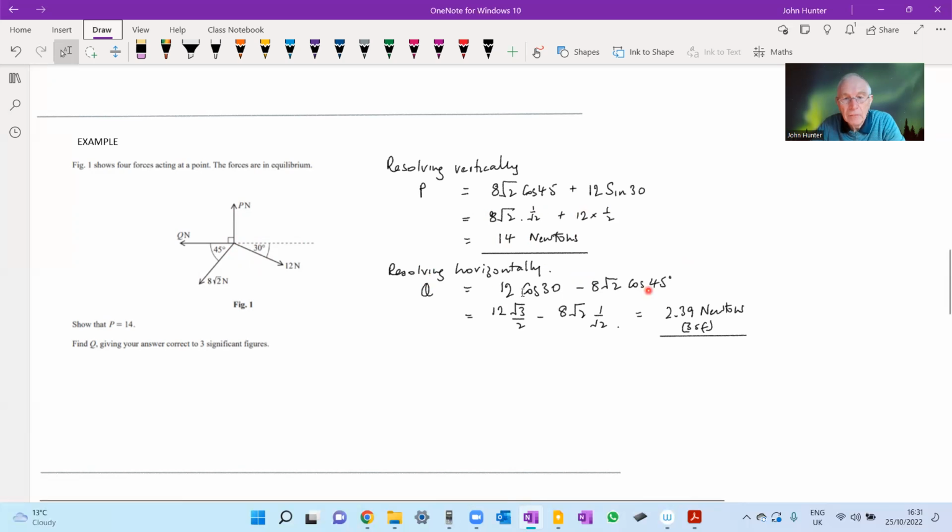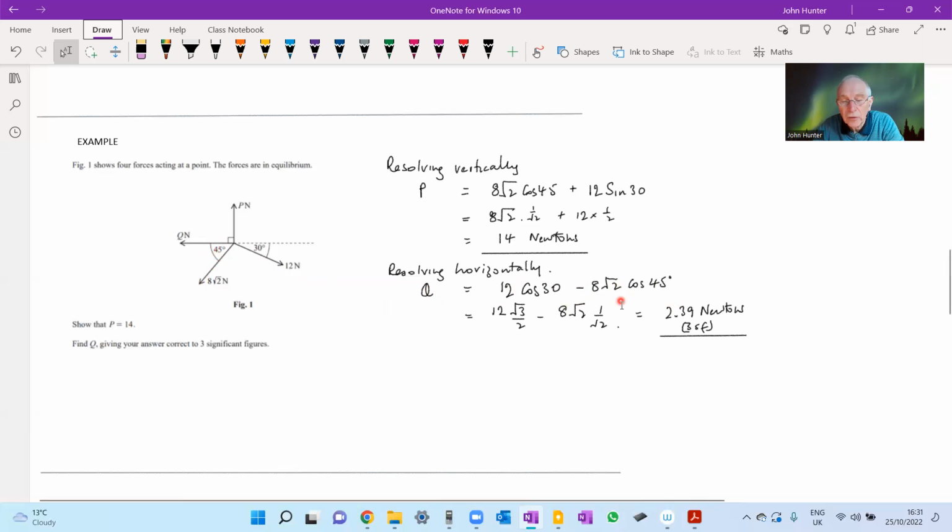And then resolving horizontally, more or less more of the same really. This Q is going to be equal to 12 cos 30. That's the portion of this acting horizontally, minus, well, this is kind of helping this. So to be completely rigorous we could start off with this on the same side of the equation as the Q, but I brought it over onto the right hand side, so it's minus 8√2, and again this is cos 45.